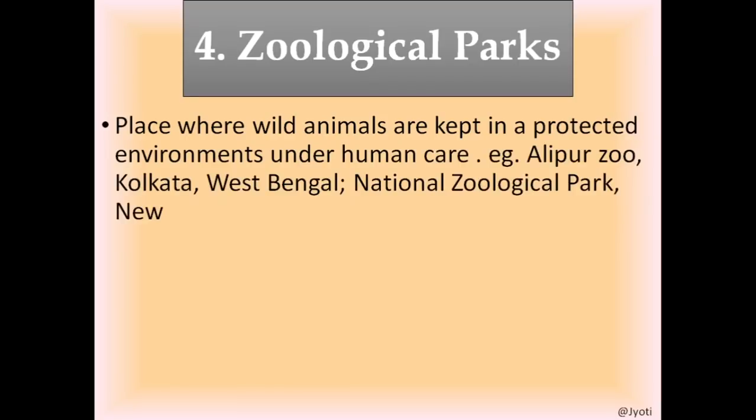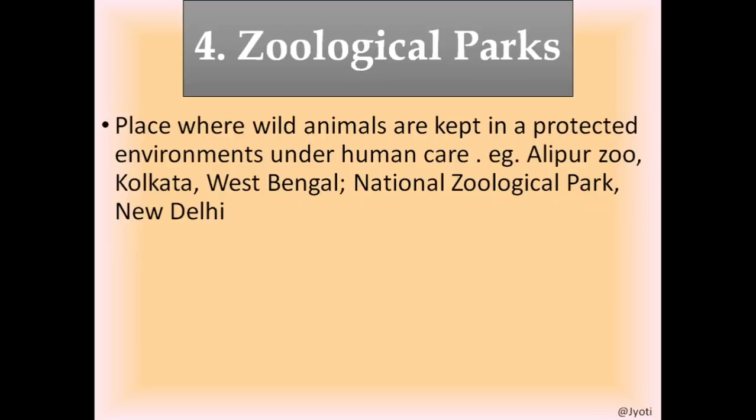Next is the animal zoological park. It is a place where wild animals are kept in protected environments under human care. This is not the natural habitat of the organism. It is a protected environment, protected by boundaries or barriers on all sides, and the animals are kept in it.